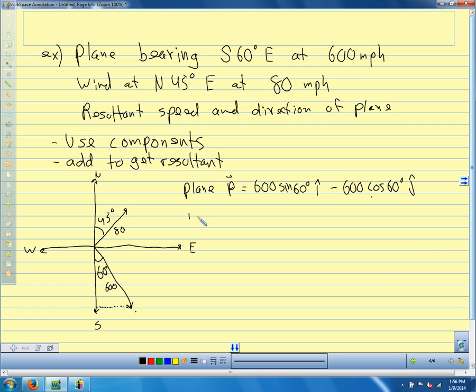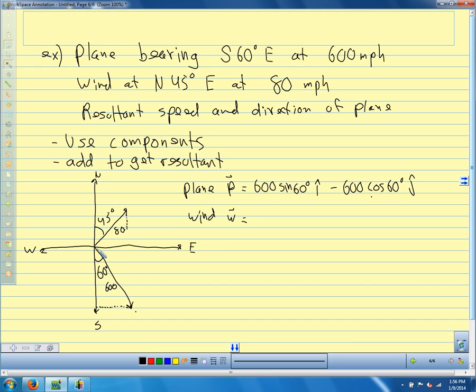And our wind. Let's find our wind vector. Call that W. For this triangle, I'm going to just project this down here. X component, horizontal component, positive or negative? Positive, because the wind is blowing towards the east.